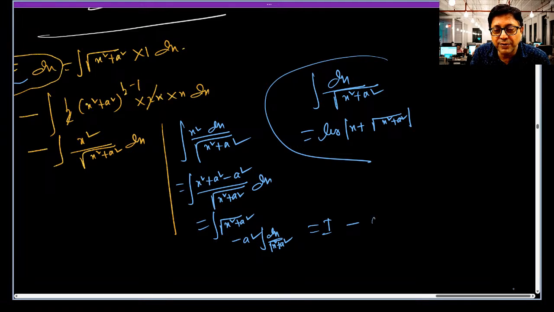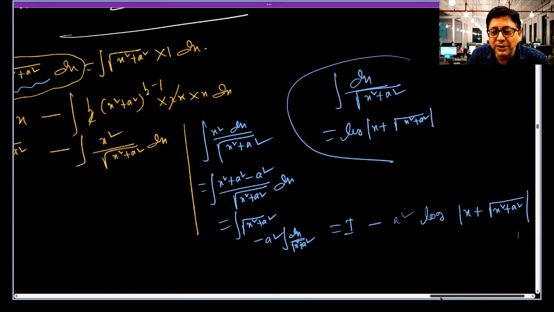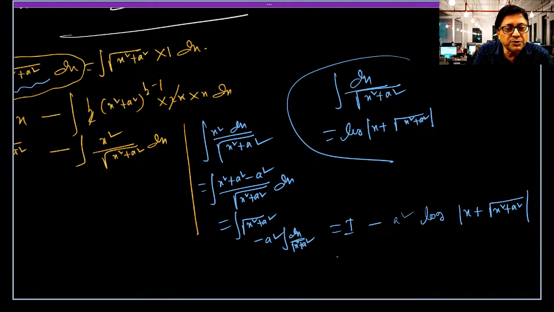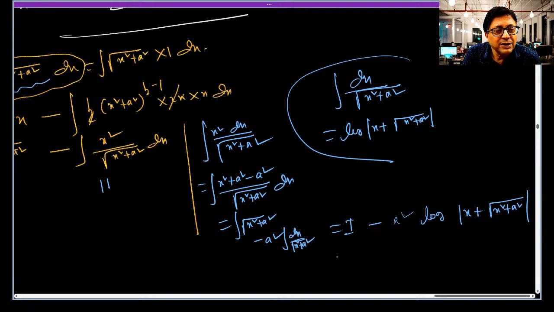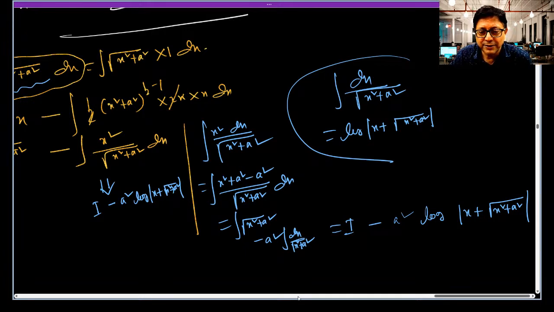It is a square log of x plus. Now finally, by putting it there we will get the answer. Remember this form? Integration of this part is what? Finally I minus, isn't it?